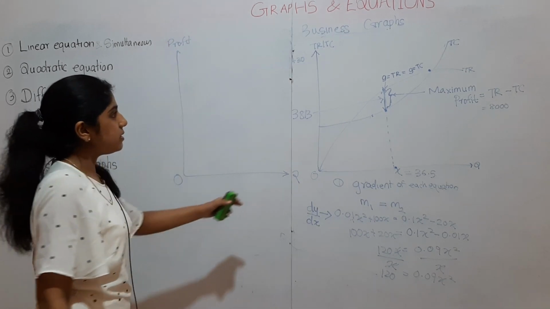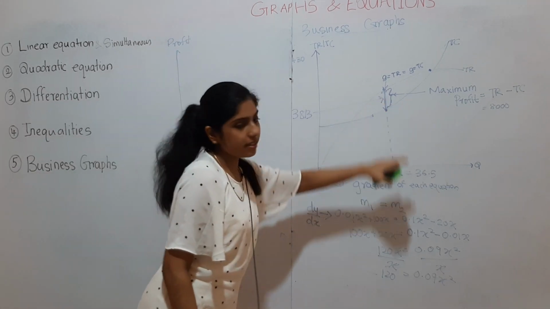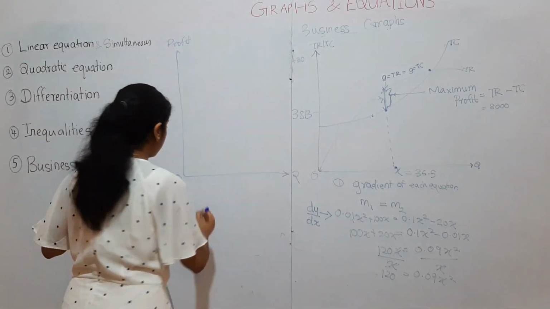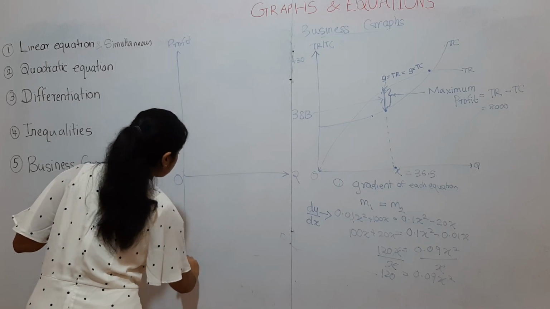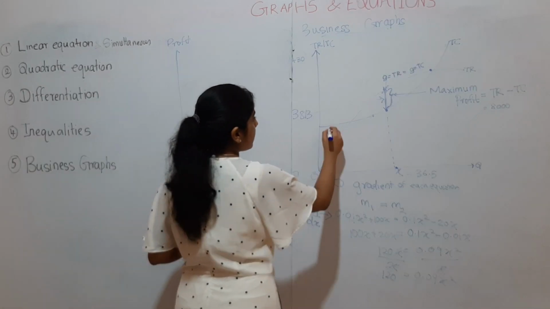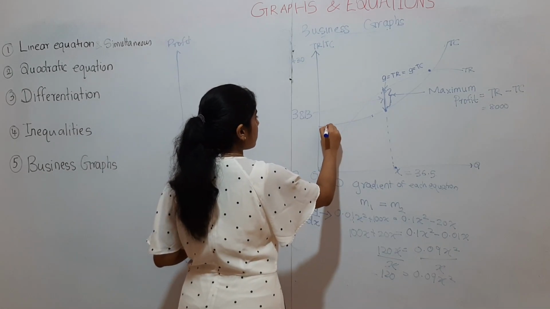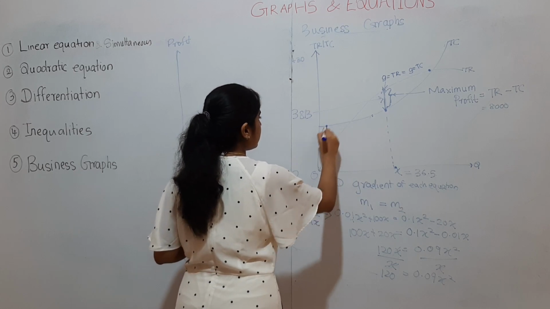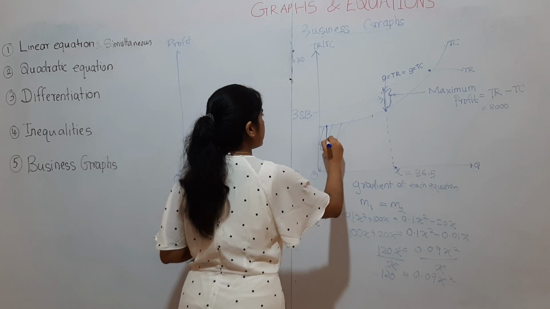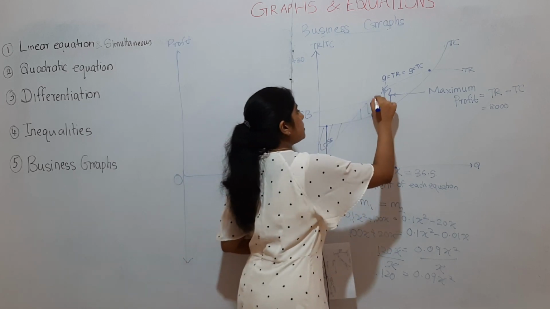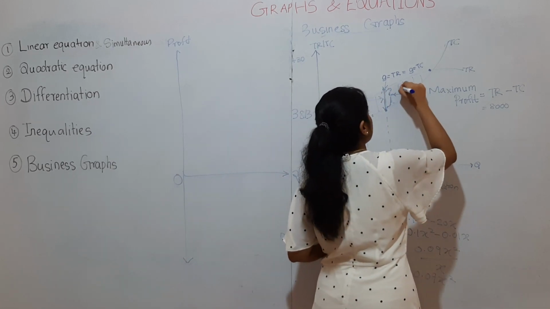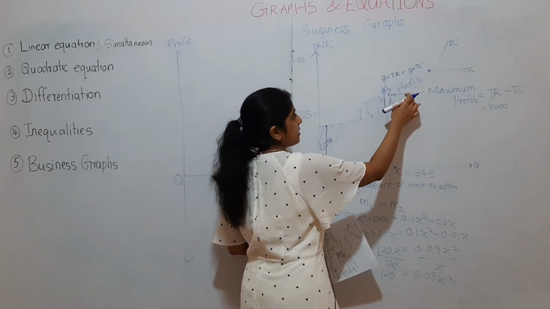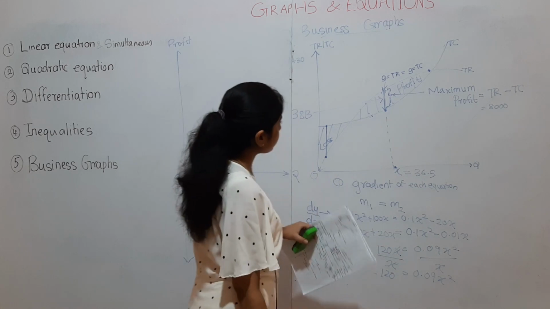Since the revenue is moving like this, your profit will have a loss element also, no? Because at this point the total cost is greater than the total revenue. So this point is the loss element. This point is the profit element, because total revenue is greater than total cost.